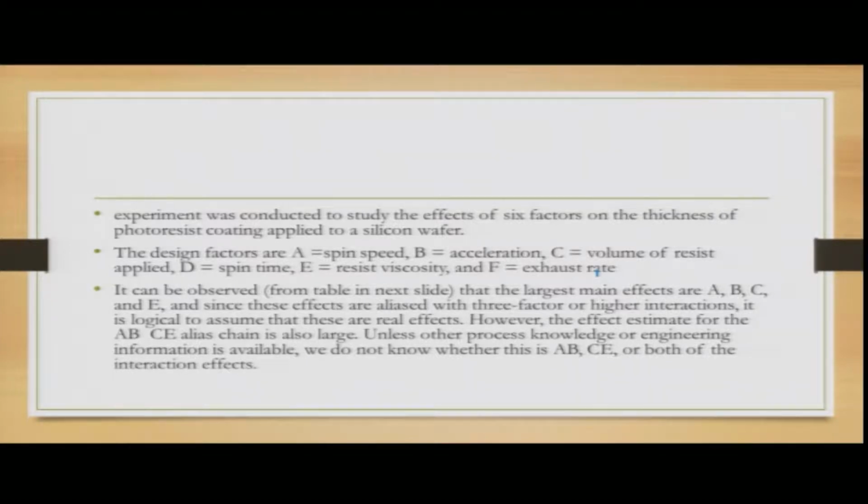It can be observed from the table that the largest effects are A, B, C, E. Since these effects are aliased with five factor or higher interactions, it is logical to assume that these are real effects. However, the effect estimate for the combination A, B, C, E and its aliased chain is also large. Unless other process knowledge or engineering information is available, we do not know whether this, A, B, C, E, or both of the interactions are significant.